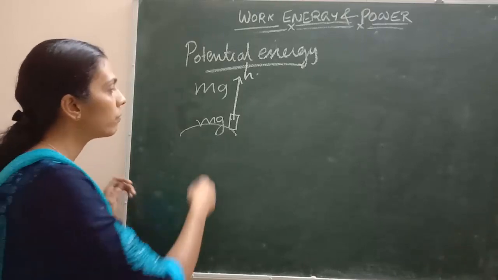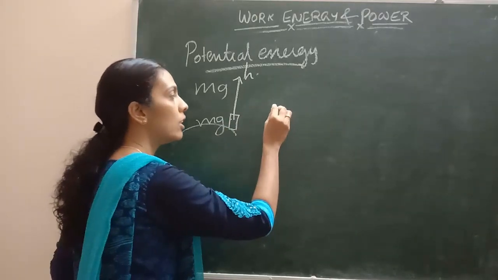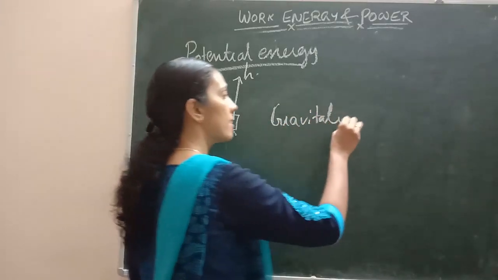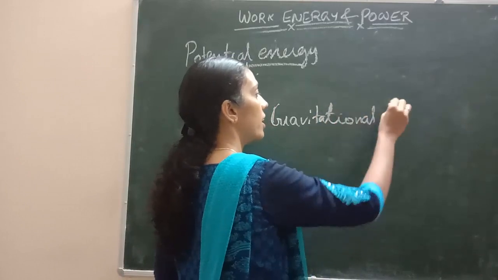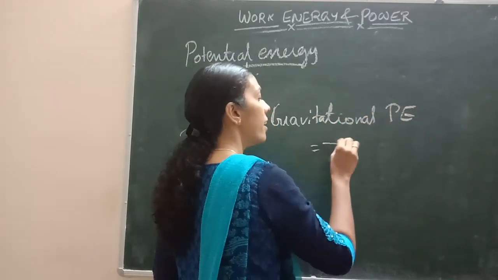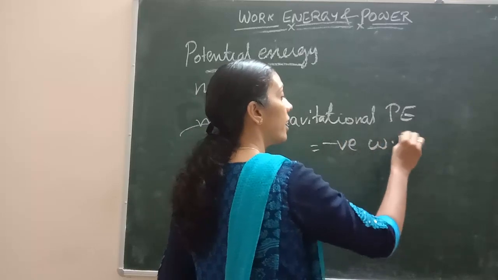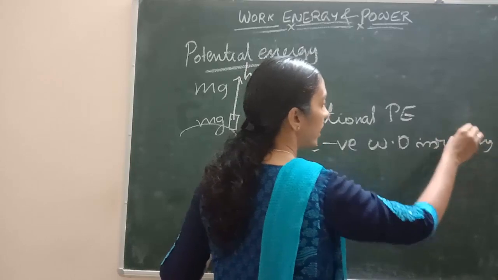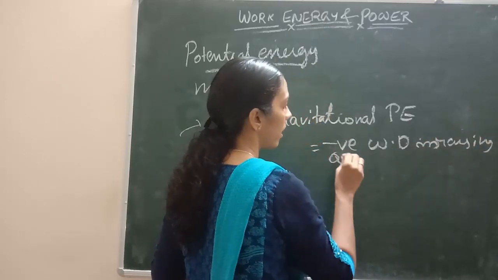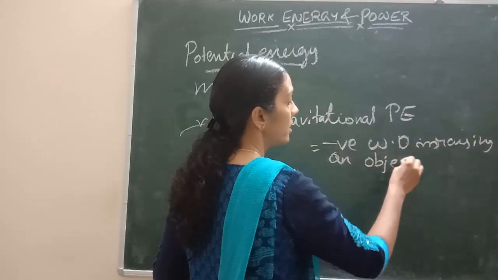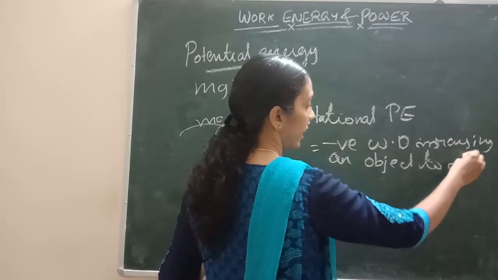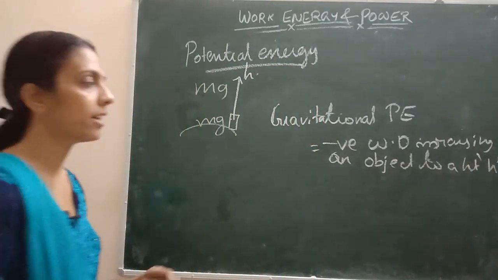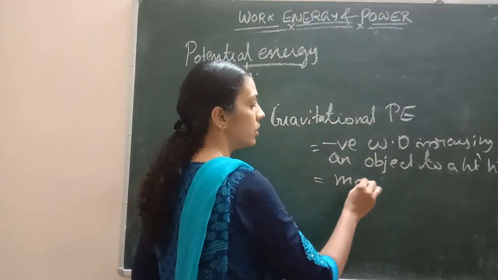So gravitational potential energy we can write as the negative work done in raising an object to a height h. So that is the gravitational potential energy, that will be equal to mgh.